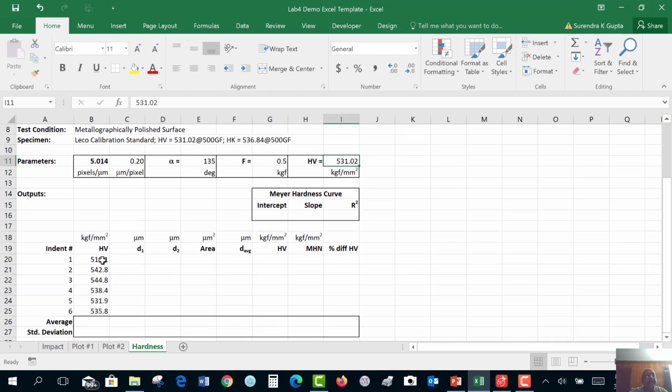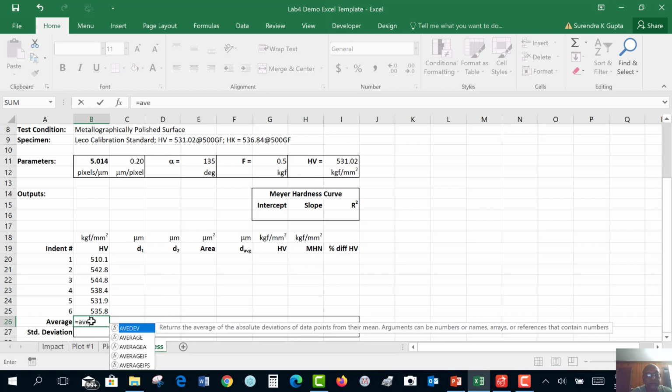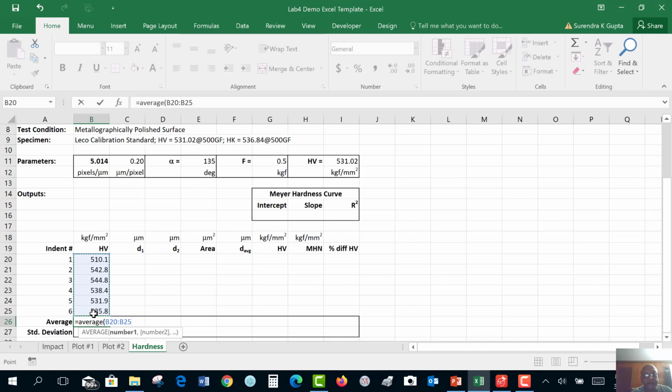I made 6 indentations, as you saw in the video, though not on the same sample, I had a different sample. And these are my 6 measurements. Let's look at how good they are. You're going to take the average of these 6 measurements. The average comes out to 534. We expected 531, so that's 3 out of 500, less than a percent.